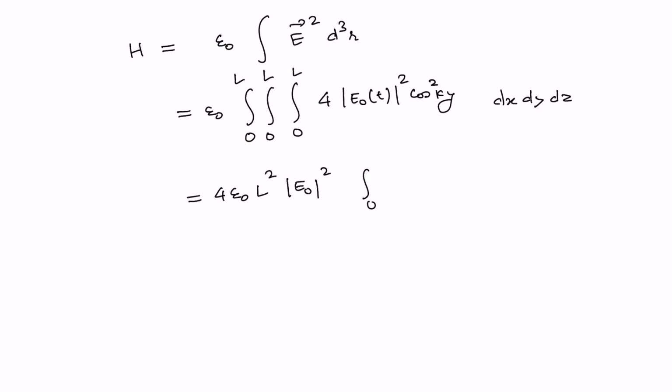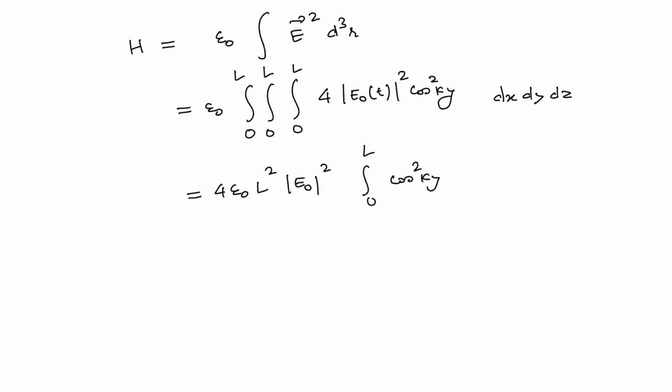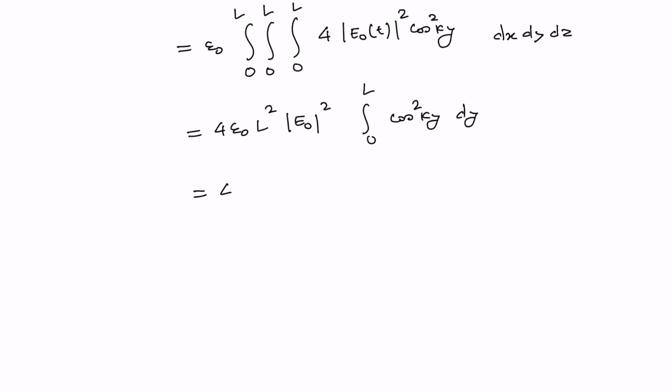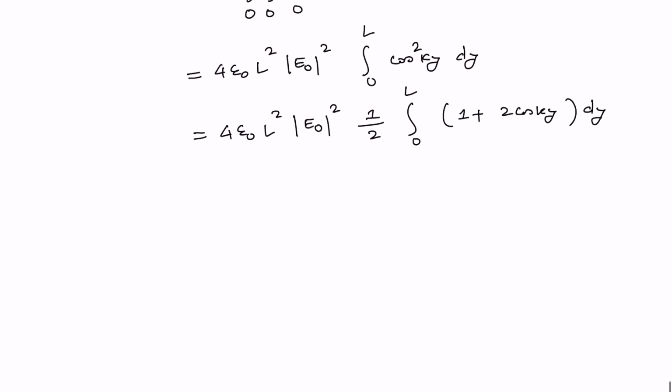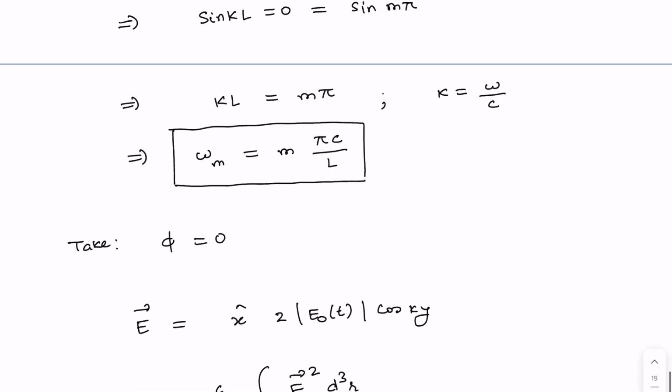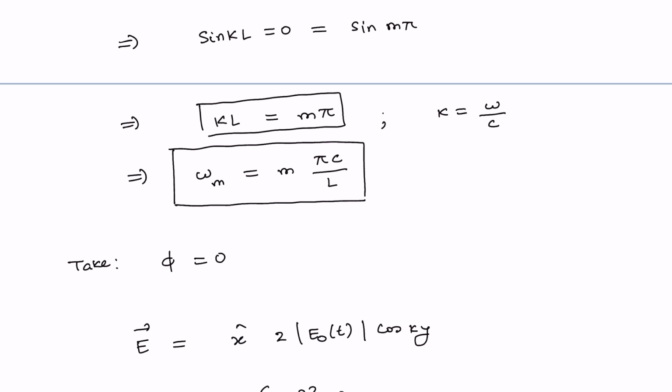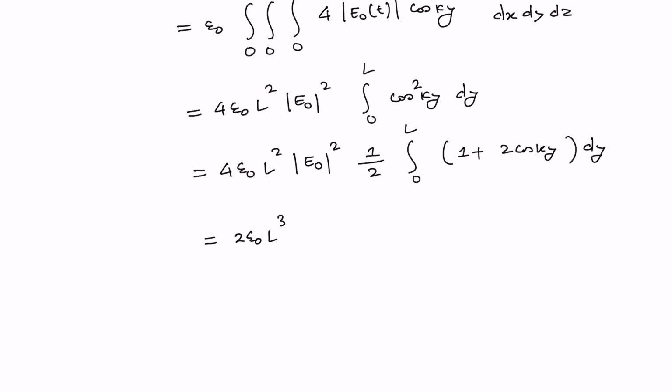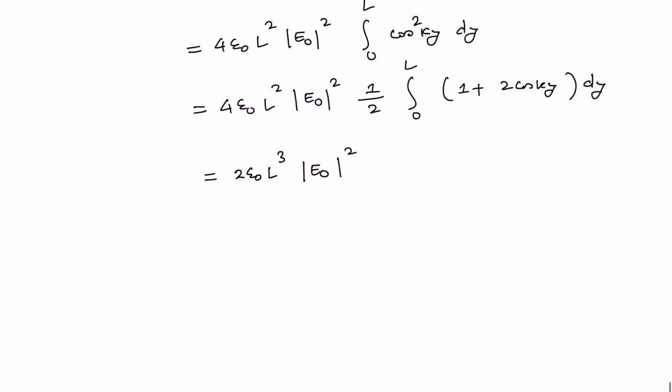So I have simply this integral to evaluate, cos square ky dy, and cos square ky can be written as one half of (1 plus cos 2ky), integrated from 0 to L. If I solve it, keeping in mind the boundary condition kL equal to m pi, immediately I get twice epsilon 0 L cube mod E0 square. This I can also write as twice epsilon 0 V E0 square, because this is the time dependent amplitude and L cube is V, the volume.